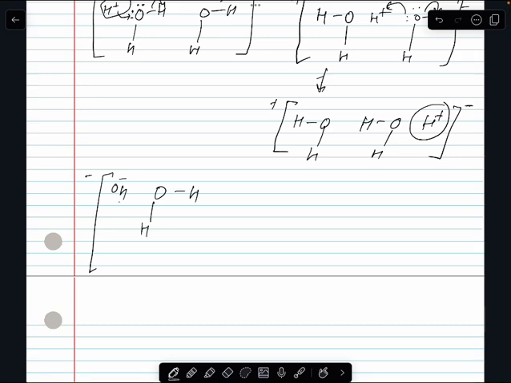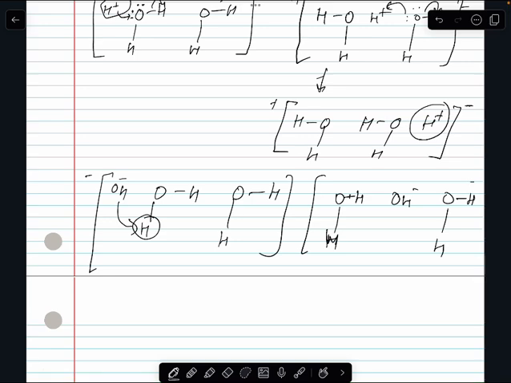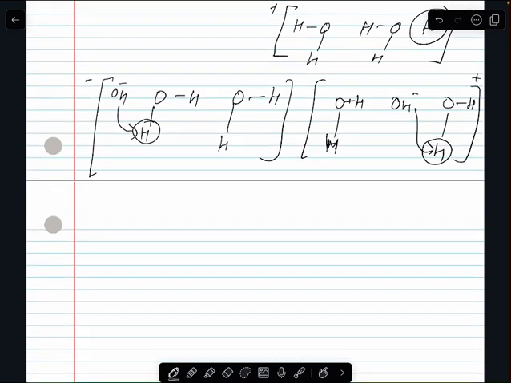This time this OH minus will capture the H plus from the water molecule, and it will form a water molecule, releasing out one OH minus ion, and subsequently the other adjacent H2O molecule will again do the same: this OH minus will capture H plus from the next H2O, and the OH minus ion will be produced by this particular water molecule.